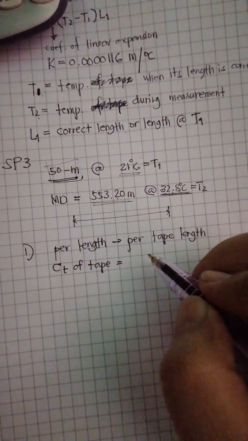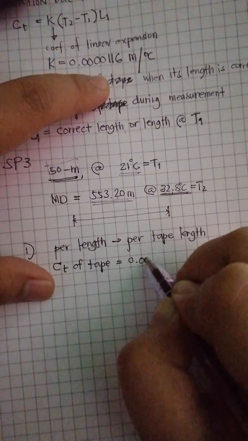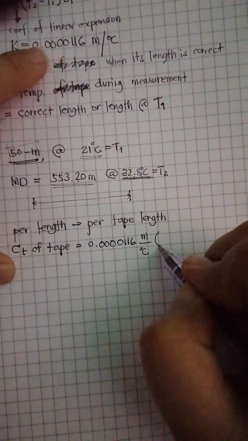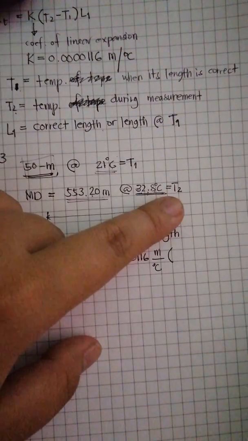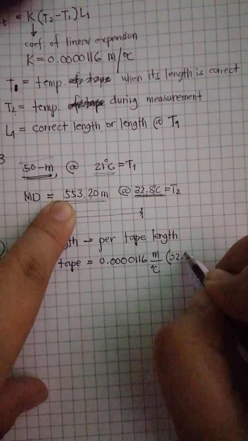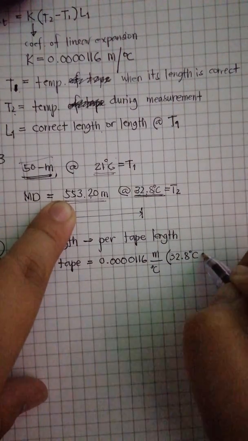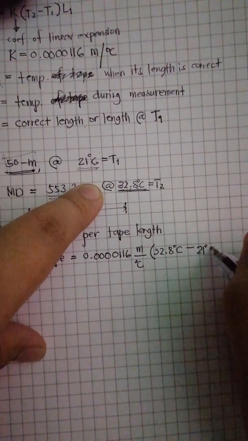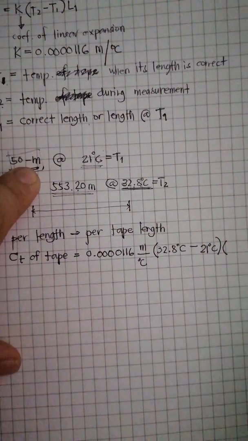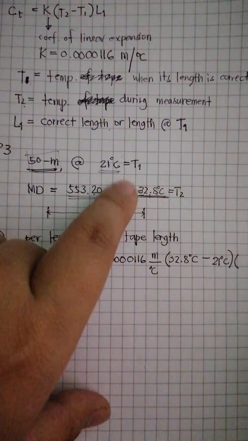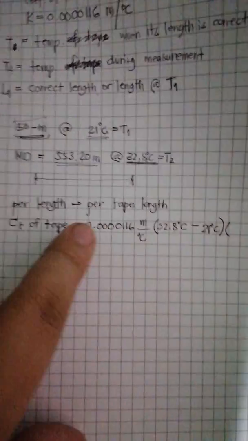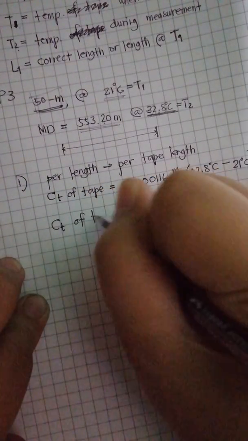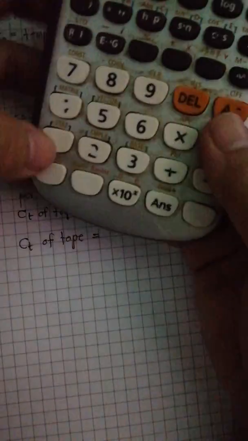You have the coefficient of linear expansion given, 0.0000116 meters per degrees Celsius, times T2, the temperature during measurement, 32.8, minus the temperature at standard length, 21, times the correct length of the tape at T1, which is 50 meters.